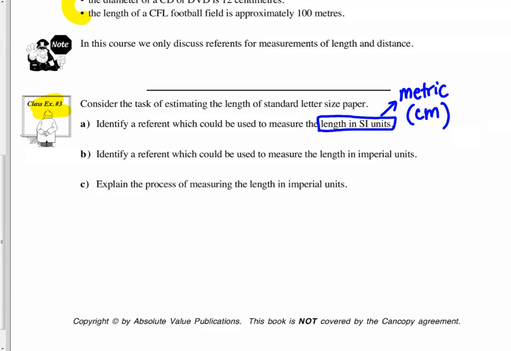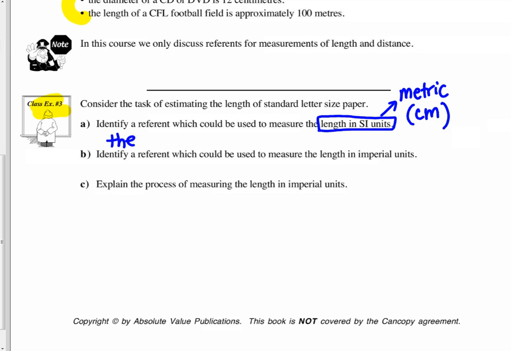Centimeters. Good. So what referent estimates a centimeter? What piece of your body would you use to estimate how many centimeters this piece of paper is?